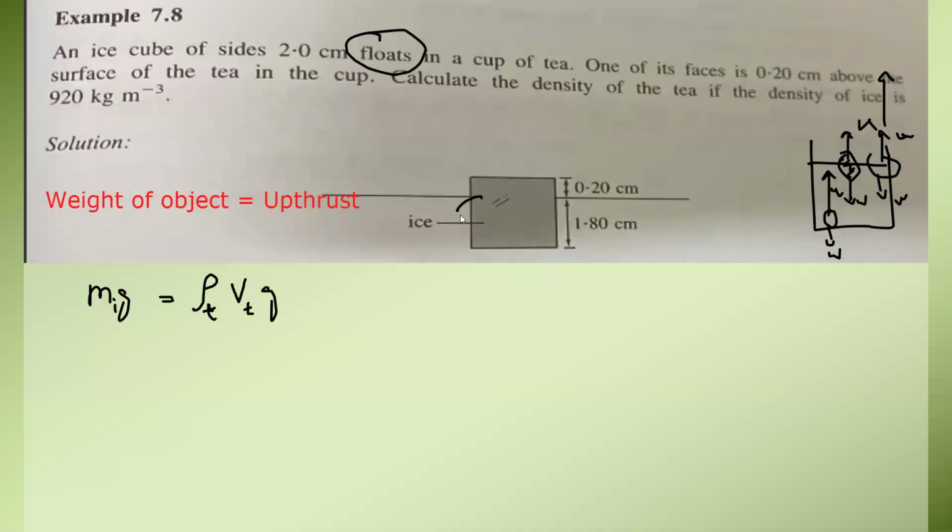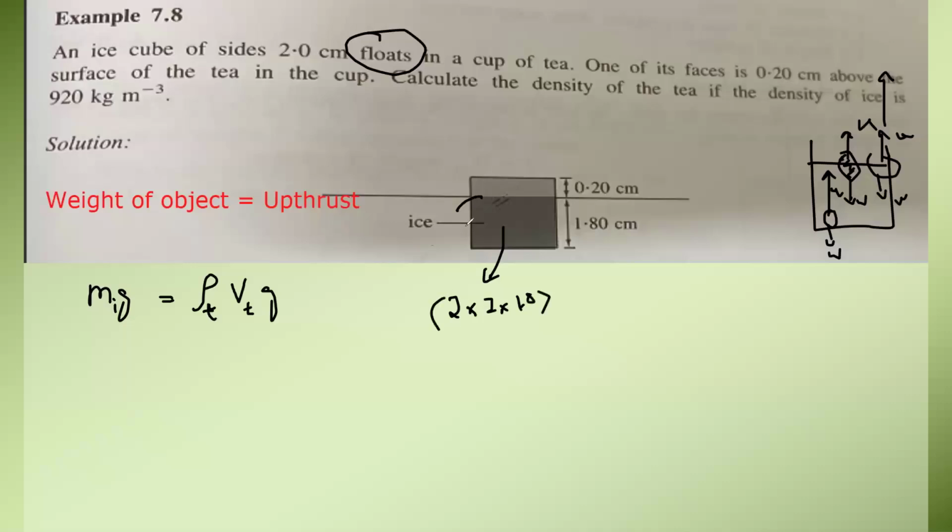We just need the volume of this part, because this is the part of the cube which is inside the tea. The sides are 2 centimeters. So what is the volume of this part? 2 multiplied by 2 multiplied by 1.8. Is it clear?